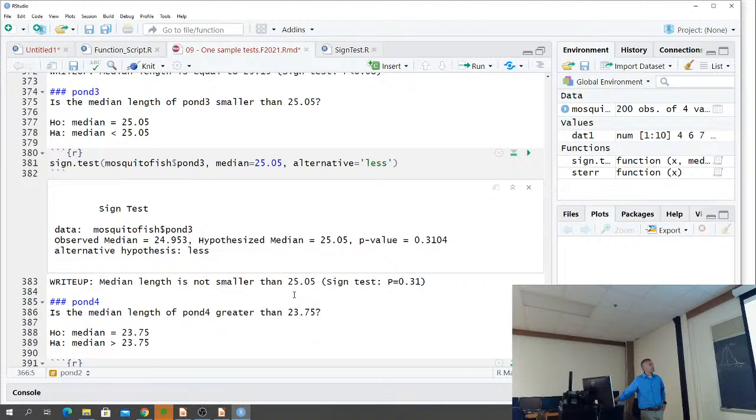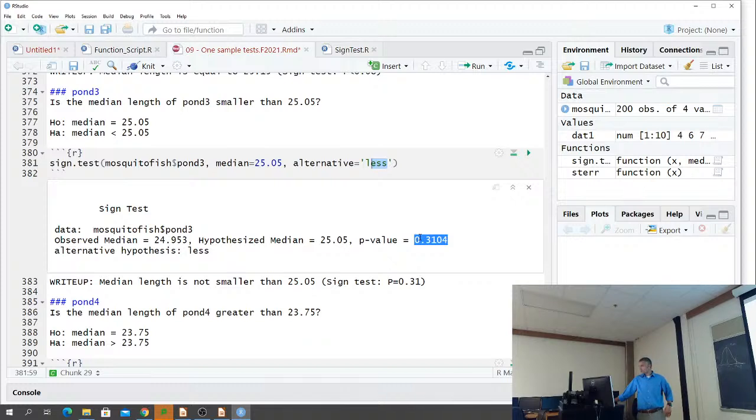For pond 3, we're asking if the median length is smaller than 25.05. Our null hypothesis is that they're equal. The alternate is that our median is less than 25.05. So I use the sign.test, and this time I specify alternative equal to less. I get a p-value of 0.31.